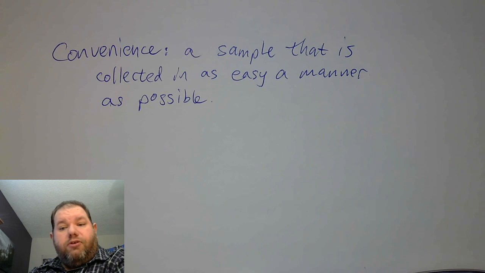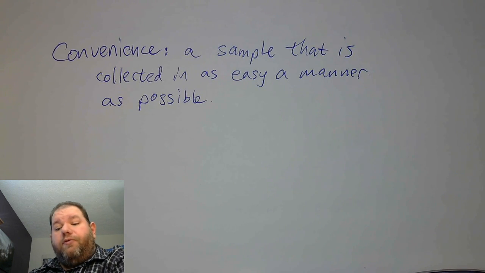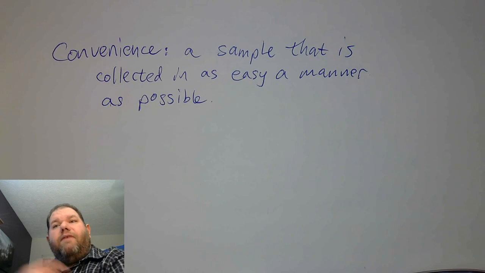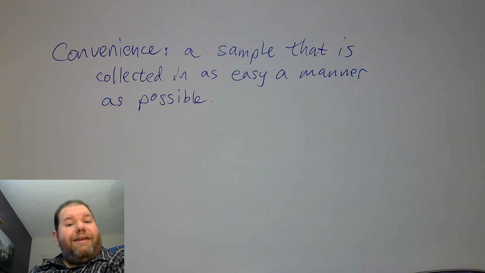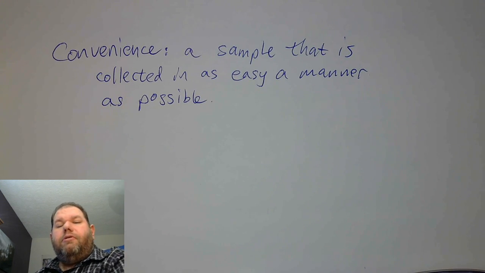So the radio call-in show, again, is another example where there's a lot of bias present in the people that respond. If you present an issue, whether it's about politics or sports, the people most likely to call in are the ones that heavily favor or are heavily against that particular issue.